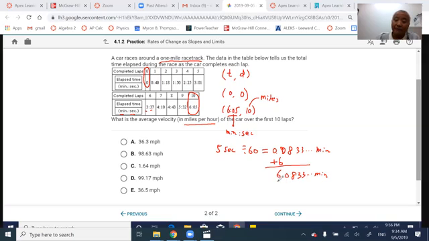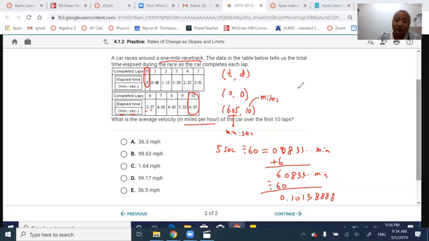And then this one, you need to divide by 60 again to change to hours. If you do that, 6.0833 divided by 60 will be 0.10138888, like that, okay? This is rounded off.